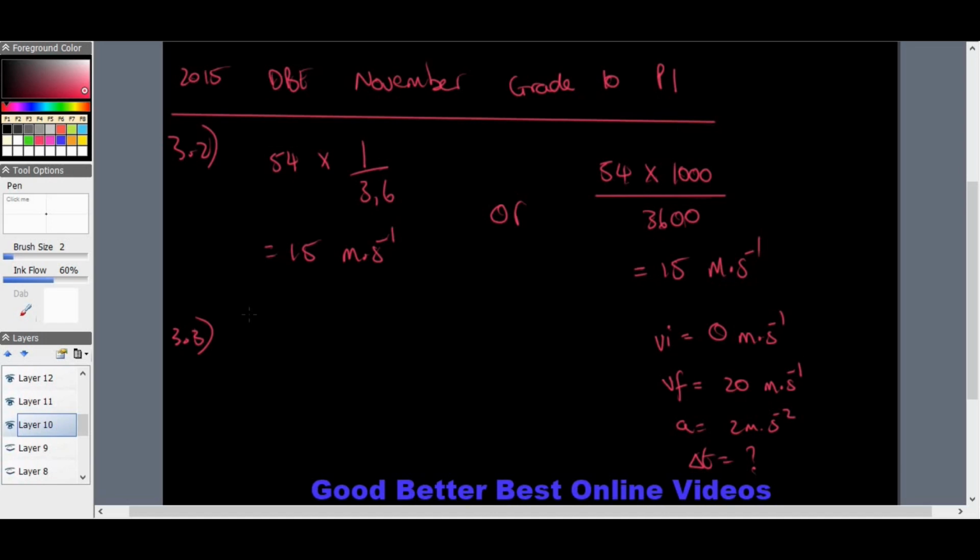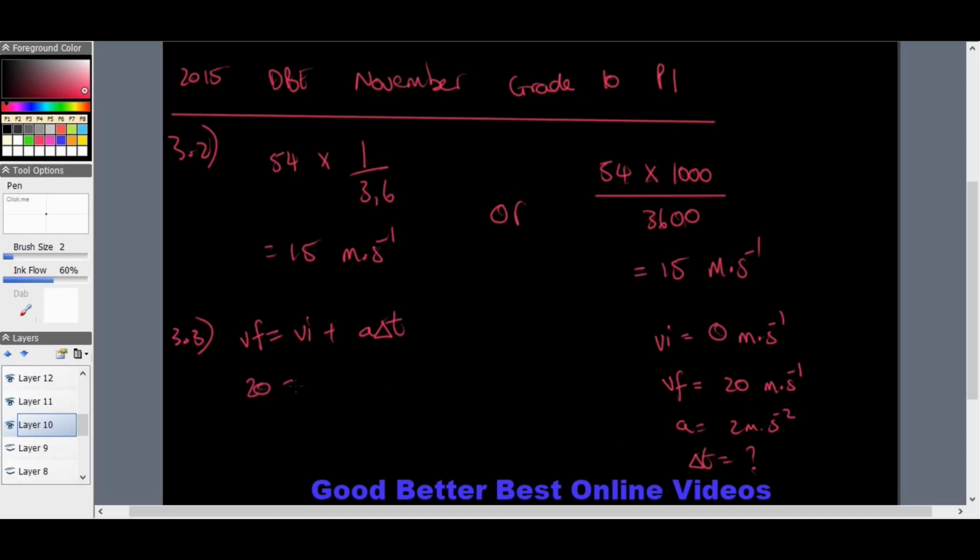But equation 2 is going to give us a quadratic equation, and we know that can be extremely difficult, and we don't want to put ourselves through that. So we just use equation 1. Vf is equal to Vi plus a delta t, because that's got everything we have, and it's got the variable we need to look at.